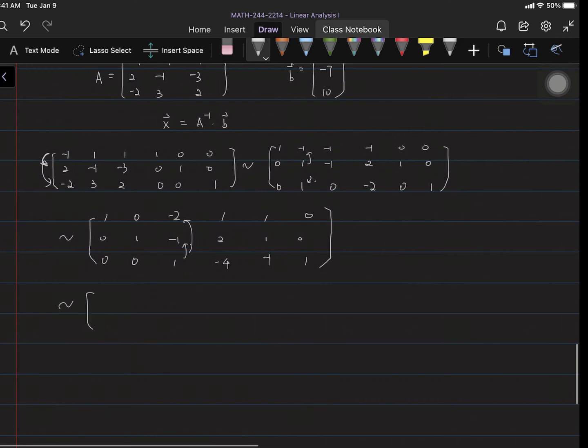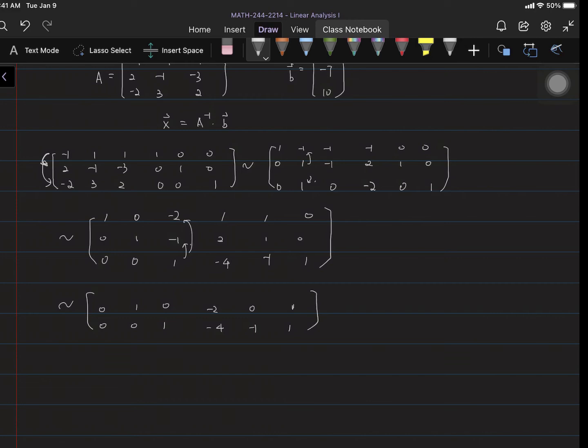Let's see, we are almost there. Row 3, copy. I'm going to do row 2. So 0, 1, 0, just add them together, -2, 0, 1.